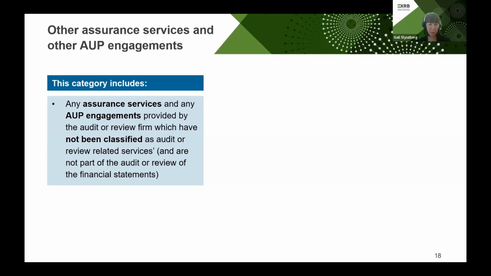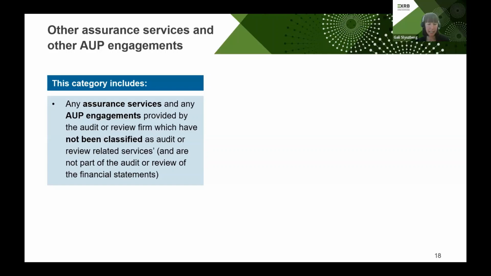The easiest way, I would say, to find out if a certain service is an assurance engagement or an agreed upon procedures engagement is to have a look at the engagement letter from the audit firm.